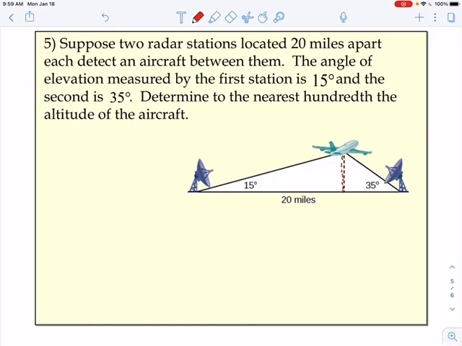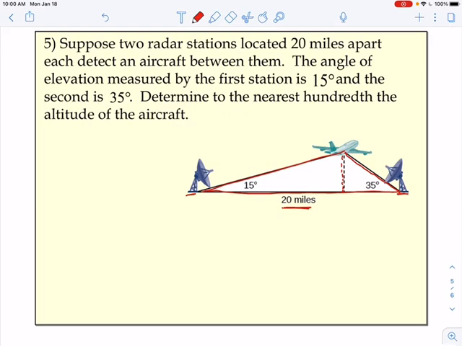Now, just be careful. This 20 miles is not part of the little triangle on the left or the little triangle on the right. So right now, even though the left triangle and the right triangle are both right triangles, I don't have any sides of those little triangles. So the first thing I need to do is look at that entire red triangle, because 20 is the entire side between your 2 radar stations.